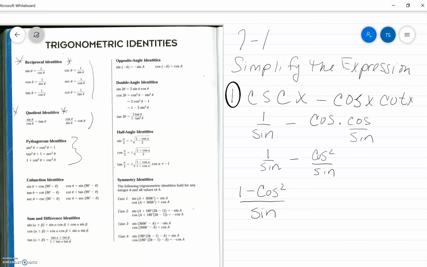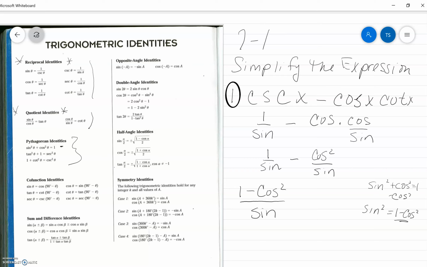So anytime you see something squared, you go to your Pythagorean identities. Well, the one that has cosine squared in it is the first one listed right here. I'm going to look at this off to the side. I got sine squared plus cosine squared equals 1. So I'm like, well, what if I can manipulate this. I can subtract cosine squared, and so that's going to be sine squared equals 1 minus cosine squared.